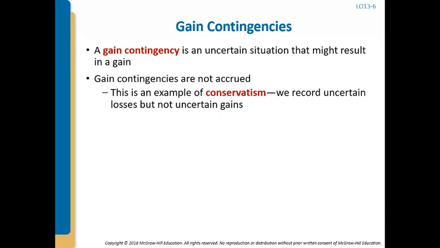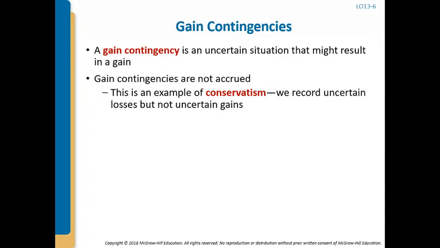Because of the conservatism principle involved in accrual accounting, let's say you're the plaintiff in a lawsuit and you think it's probable that you're going to win that lawsuit, and it's at least reasonably estimable the amount that you will win in the lawsuit. Do you record a gain?